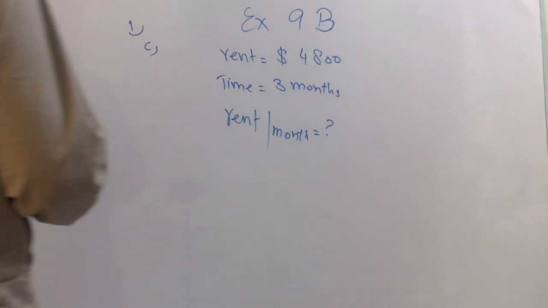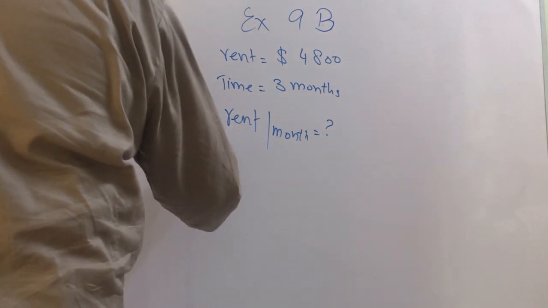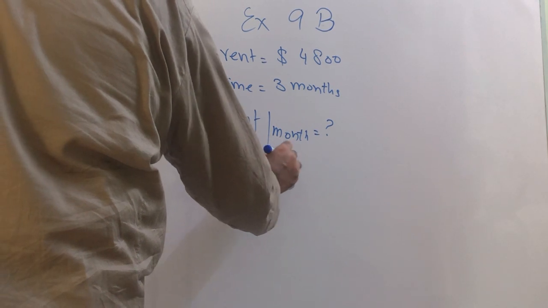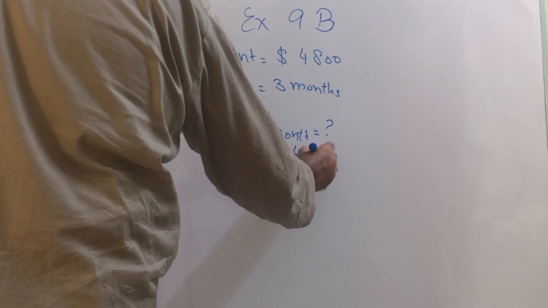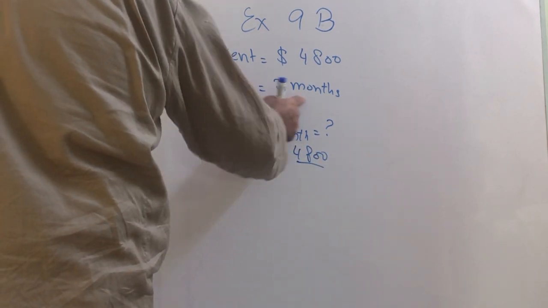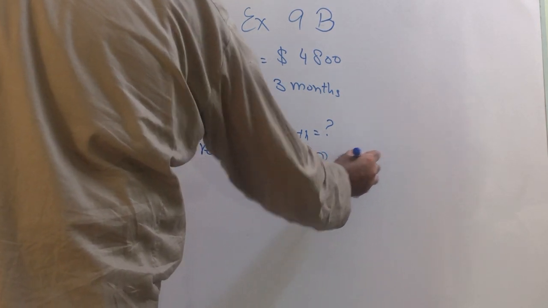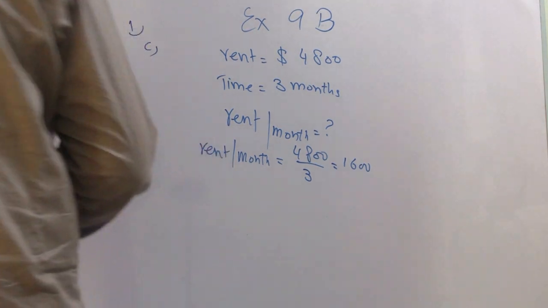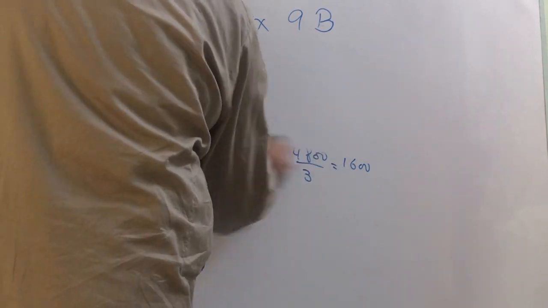Rent is there $4,800. Time is there 3 months. So simply we'll do rent per month, mean rent divided by month. Rent is how much? 4,800. Month is how much? 3 months. It becomes $1,600 per month. Very simple, easily we solve this.